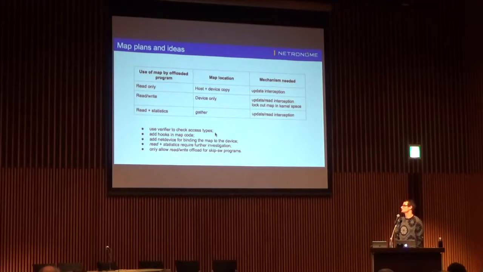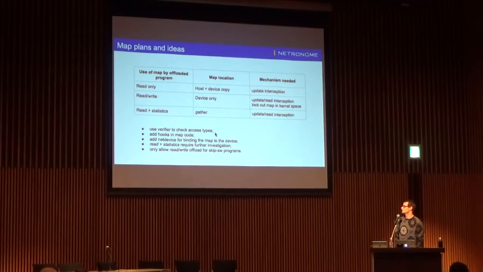And there are some other interesting use cases which we see here, like for instance maps which are written to only with the atomic add operation, but the forwarding is not dependent on the value that is being updated with the atomic add, which is basically a statistics use case.